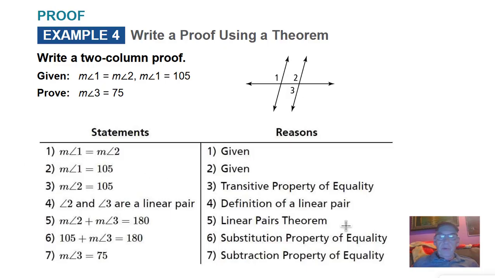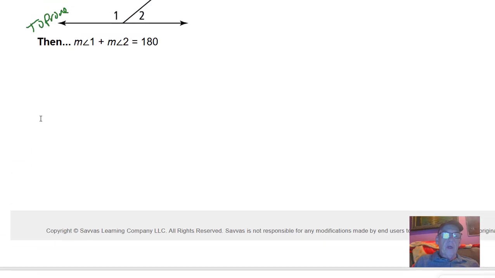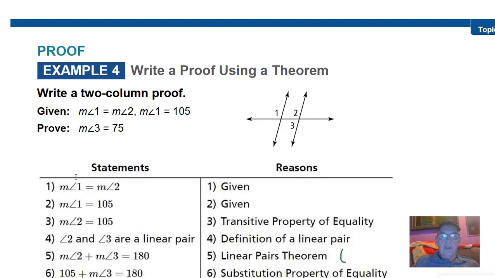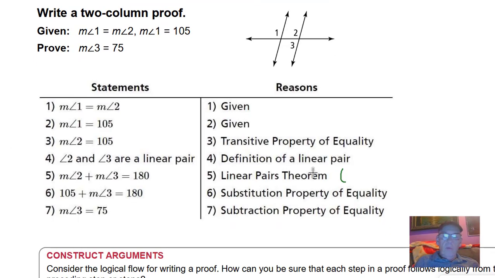If I wanted to be a little bit more detailed, I could go back up here and say, well, the linear pairs theorem, that's theorem 1-6. So I might want to say 1-6. But the linear pairs theorem is the important thing to put in for your reason, because other geometry students are going to hopefully know what the linear pairs theorem is, not what theorem 1-6 is.